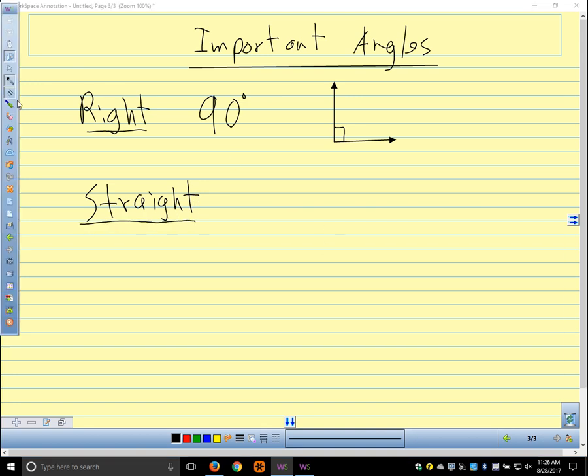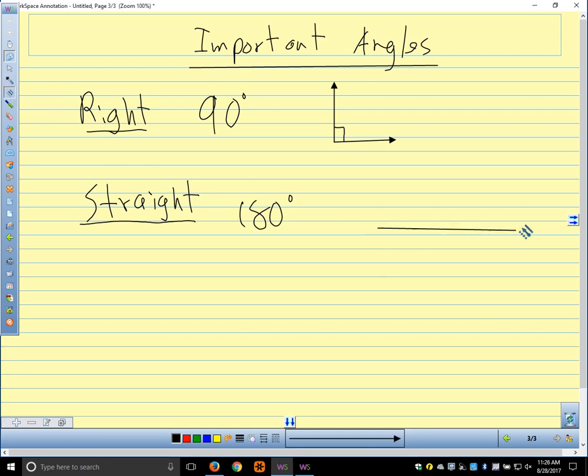A straight angle. What do we mean by a straight angle? It is basically a straight line. How many degrees would that be? What is it? 180. A straight angle is 180 degrees.